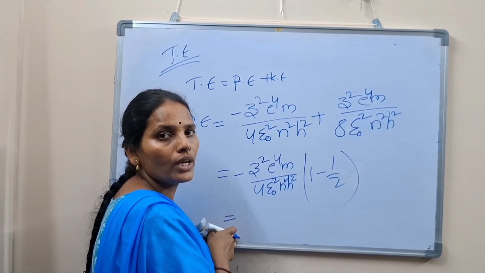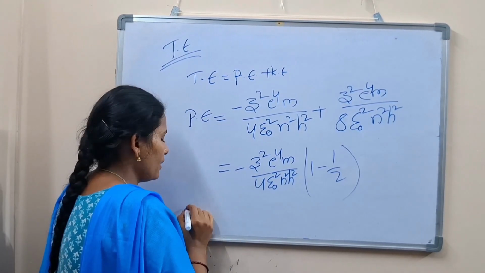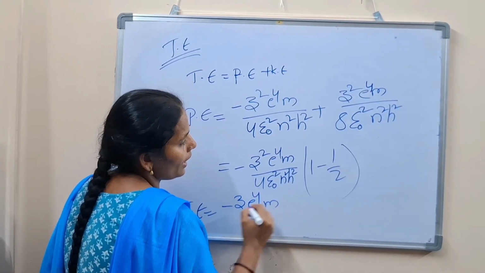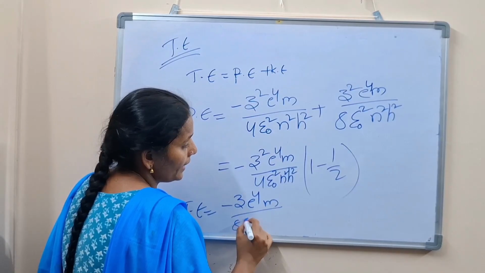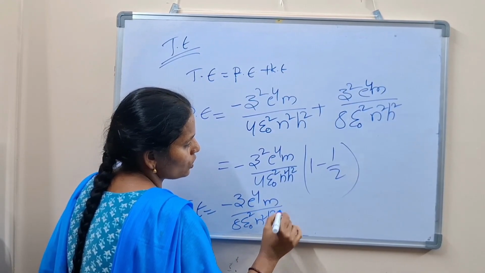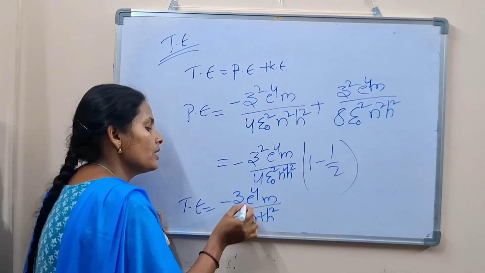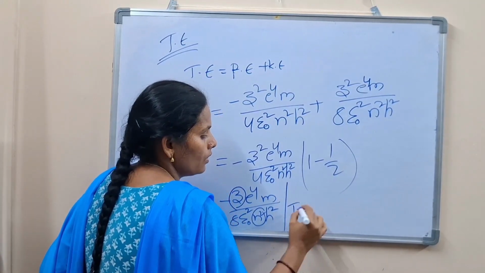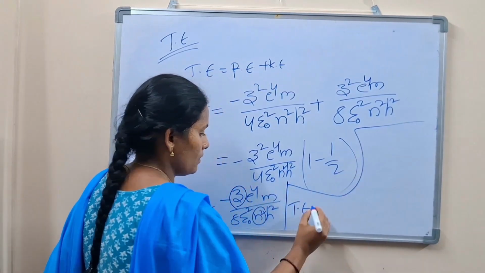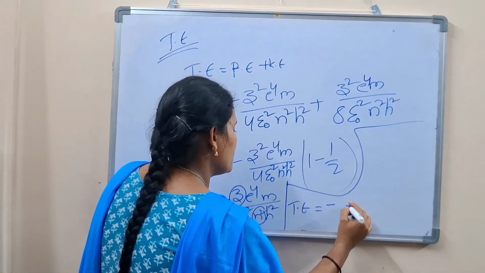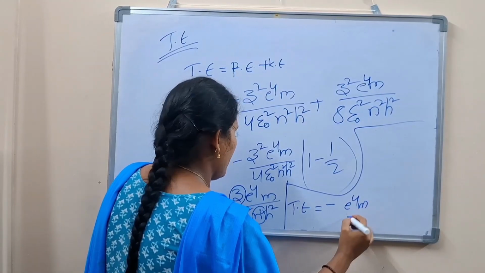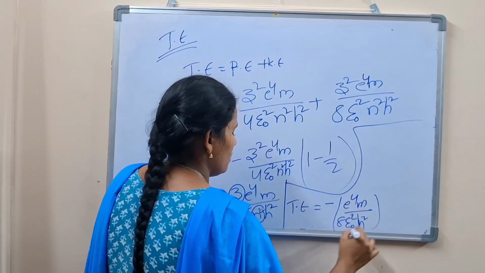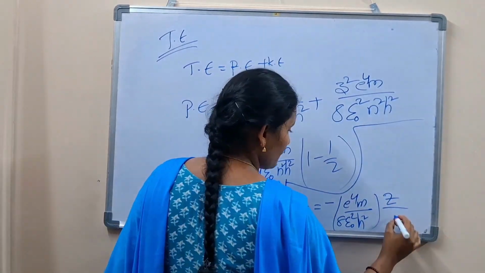By simplifying this, total energy equal to minus Z square e power 4 m by 8 epsilon naught square n square h square. Here Z and n are variables; by separating them, total energy equal to minus e power 4 m by 8 epsilon naught square h square into Z square by n square.